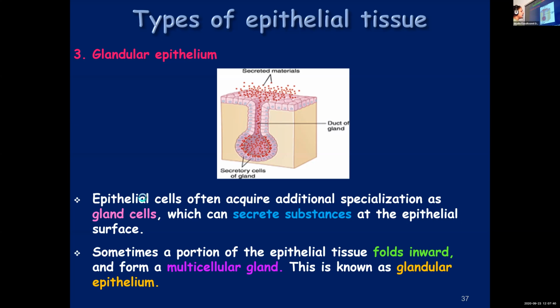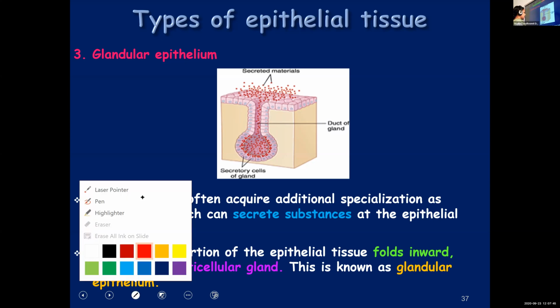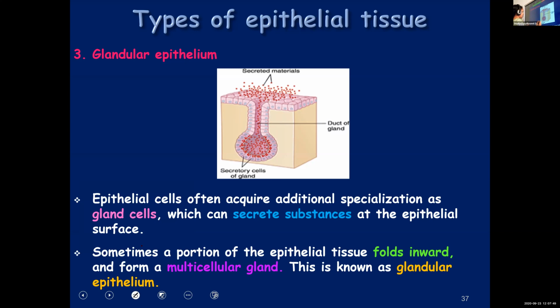You can see here the epithelial tissue, a particular few cells or a portion of the epithelium can fold. So these are the epithelial cells, and a portion of it is folding inward and forming a gland which is capable of secreting some substances. And this is a multicellular gland. You can see it is made up of several cells.